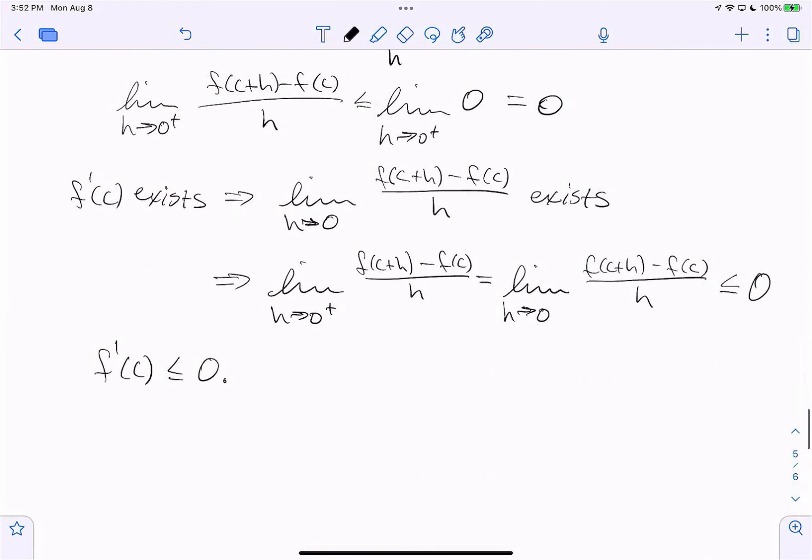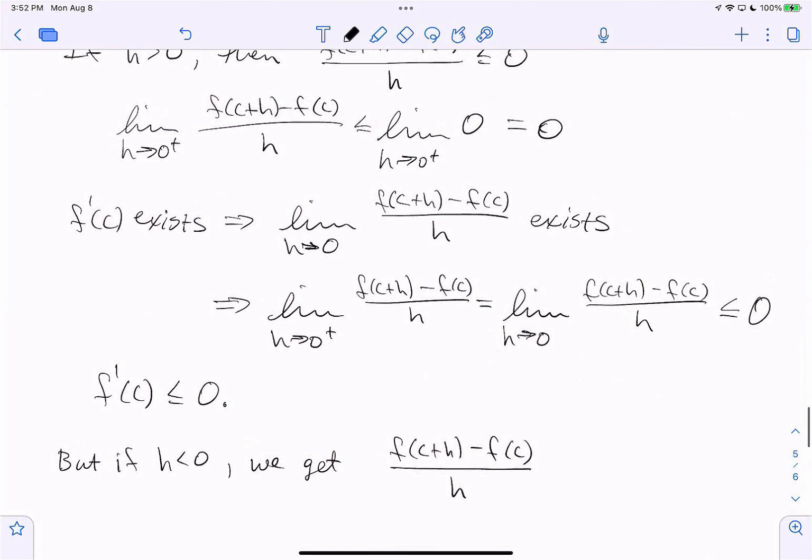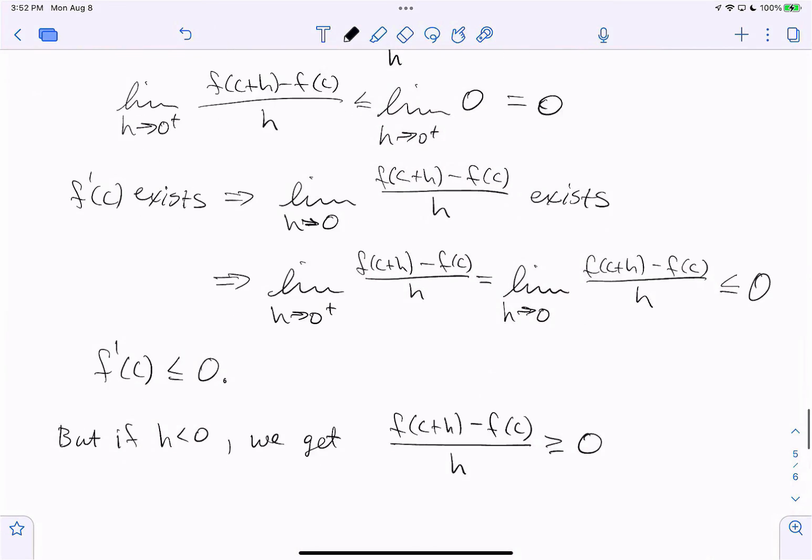All of this followed from h being positive. But if h is negative, then I'm taking that f of c plus h minus f of c and dividing it by a negative h. And that's going to take the inequality where we wrote down less than or equal to 0, and flip it. So it's greater than or equal to 0.